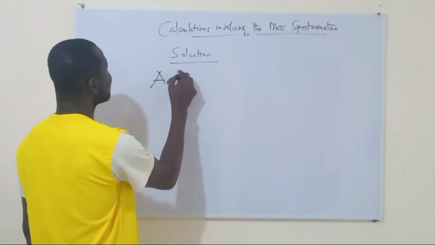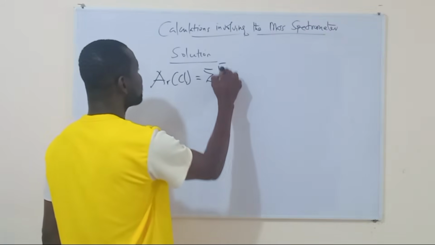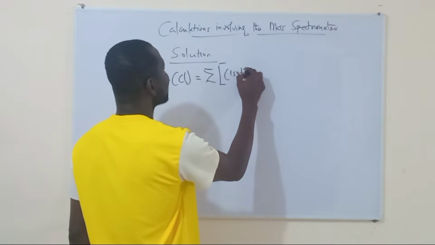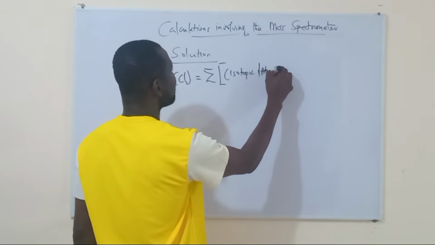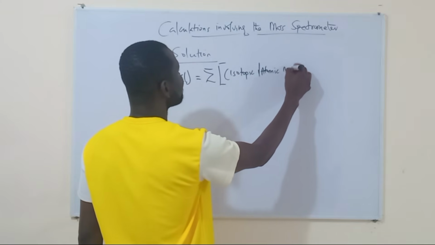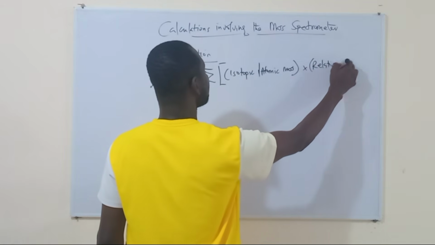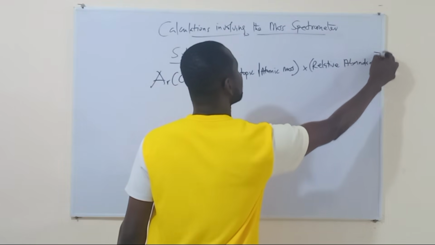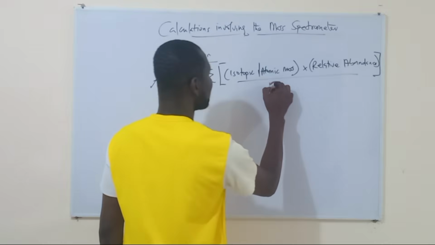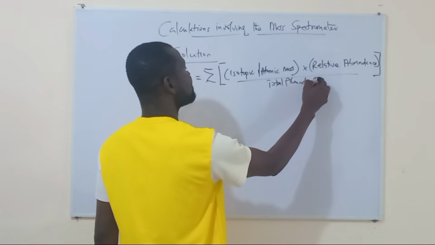Our relative atomic mass of chlorine is equal to the summation of our isotopic or atomic mass times our relative abundance, all divided by our total abundance.